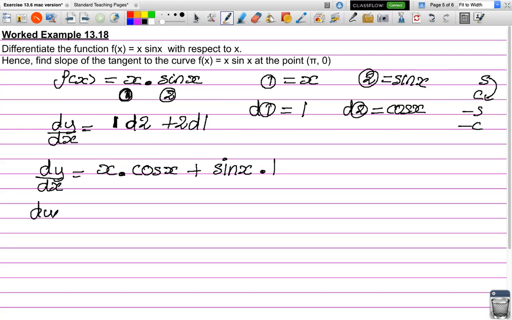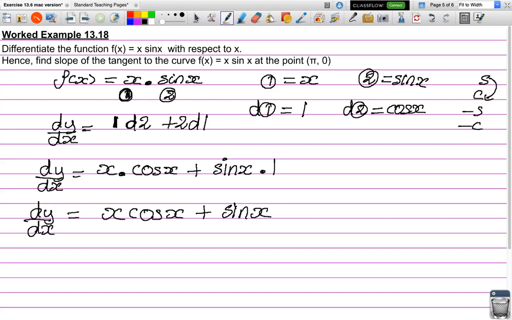Quick tidy up line, dy dx is equal to x cos x plus 1 times sine x, which is quite simply sine x. And that's a very straightforward problem, as long as you spot that it's going to be a product rule.